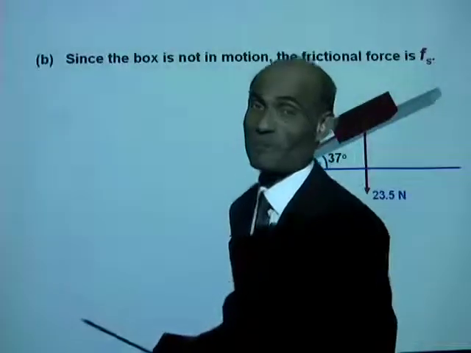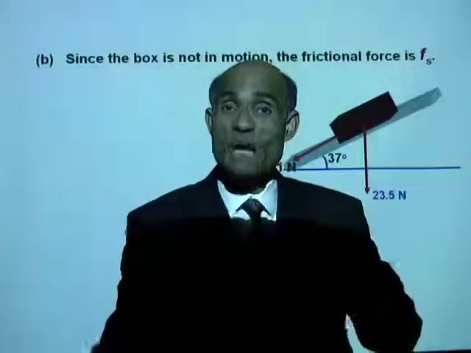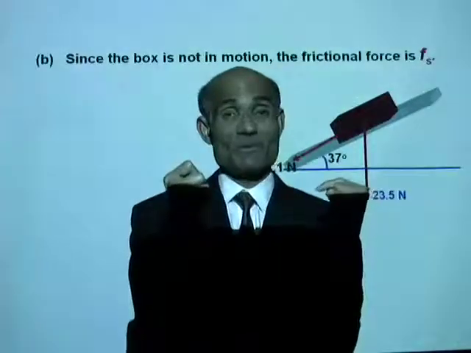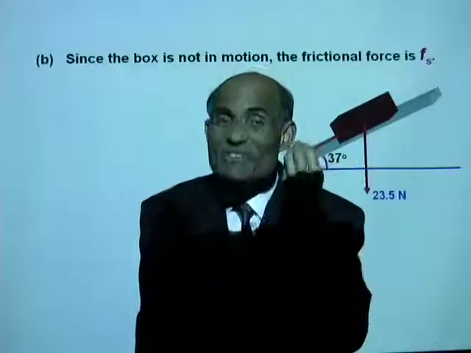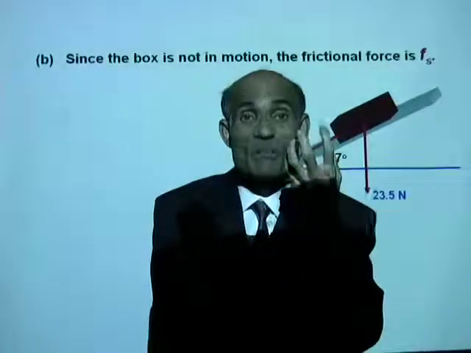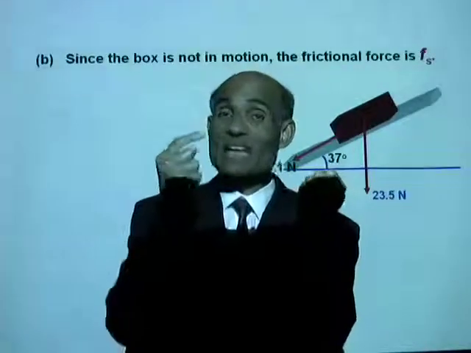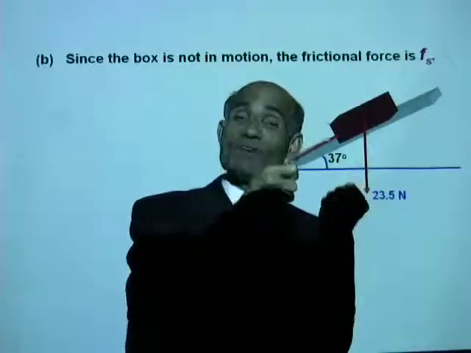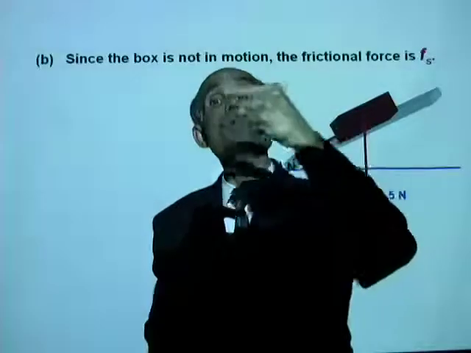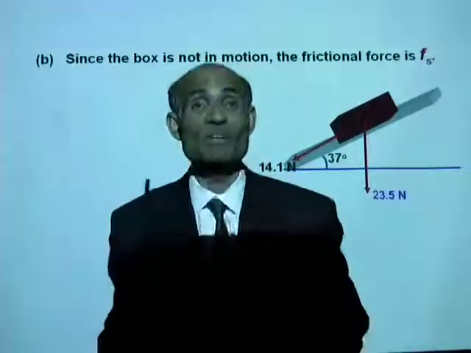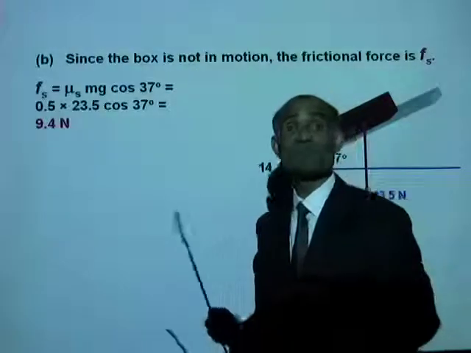Alright, tell me, we are now trying to prevent the box from moving down. That means the tendency of the box is to move down. If the box has a tendency to move down, the friction will oppose that. So this time, the friction will be opposing that tendency to move down.